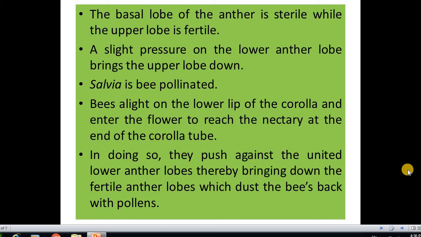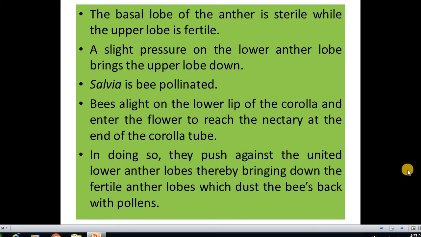The basal lobe of the anther is sterile, while the upper lobe is fertile. A slight pressure on the lower anther lobe brings the upper lobe down. This is the mechanism by which pollination will take place.